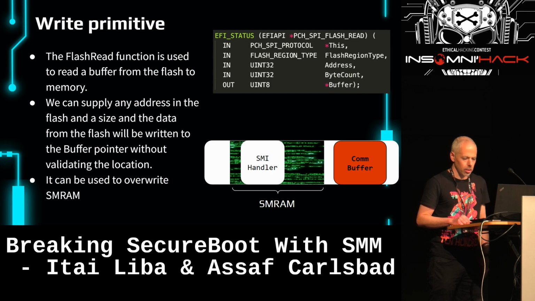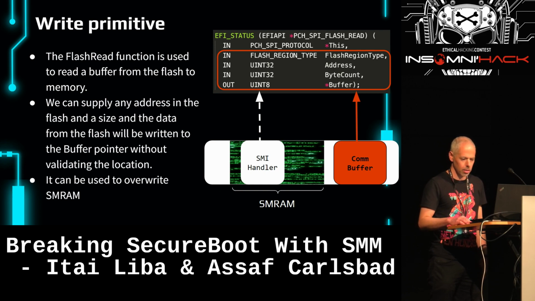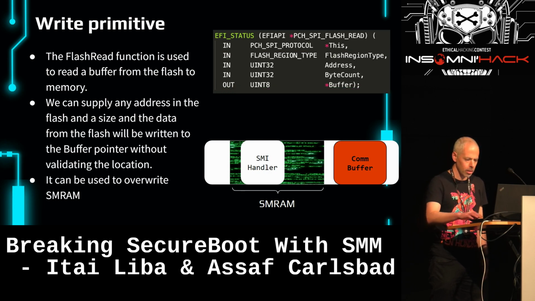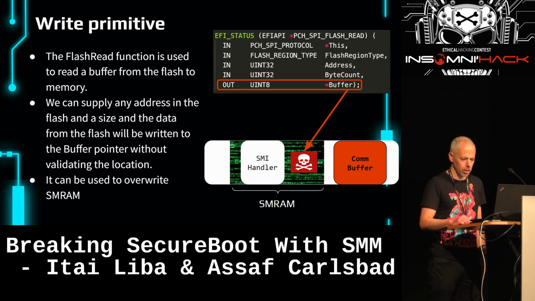The flash read function is used to read a buffer from the flash to memory. We can set the SMI handler to call flash read. We can provide the flash address, buffer size, and destination address. The function will write the flash contents to the destination without validating the destination address. We set the buffer argument to point to a location in SMRAM we wish to overwrite.